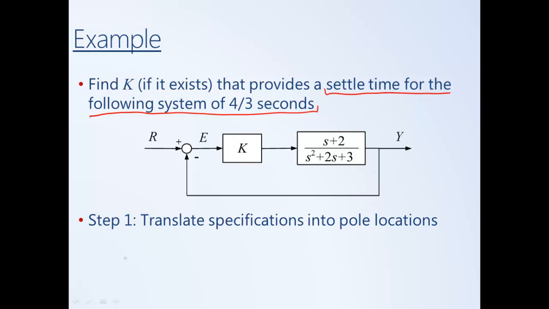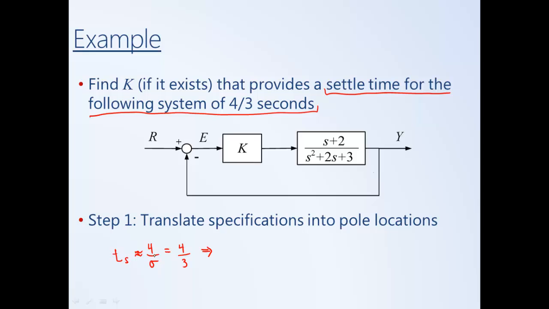Okay, so specifically, settling time is approximately equal to 4 divided by sigma, and we would like the settling time to be 4/3 seconds. So if we then solve this equation for sigma, we can bring the sigma to the right hand side.